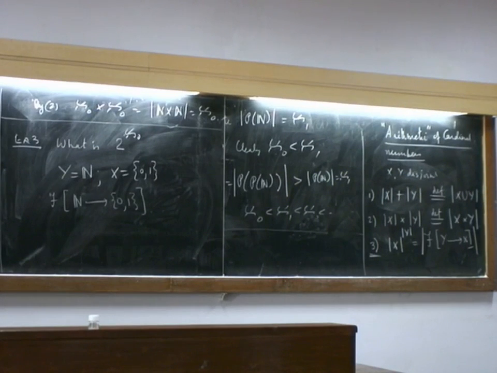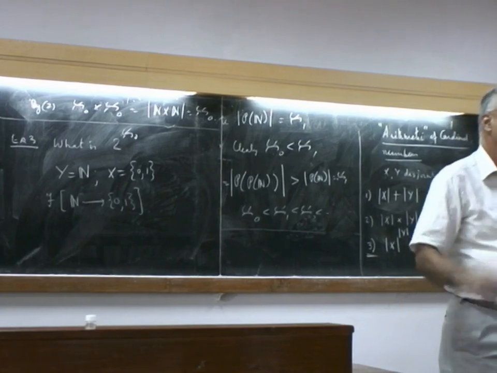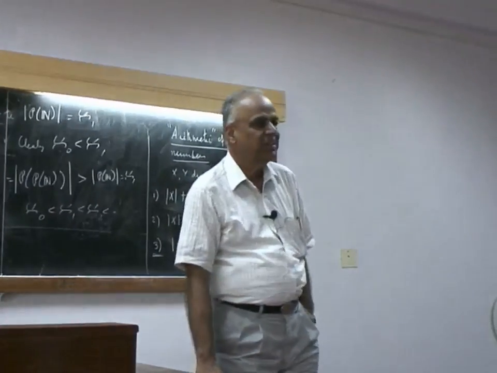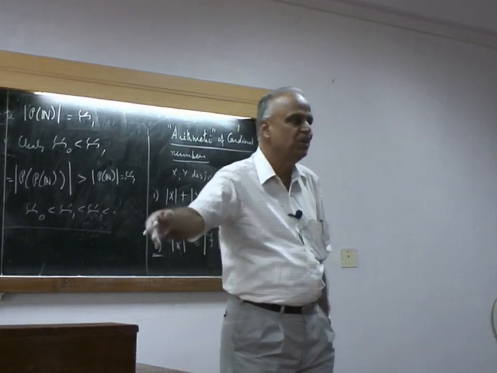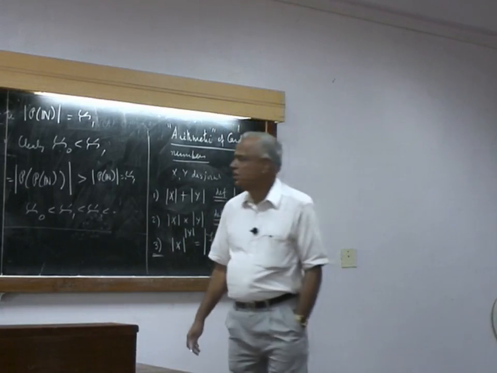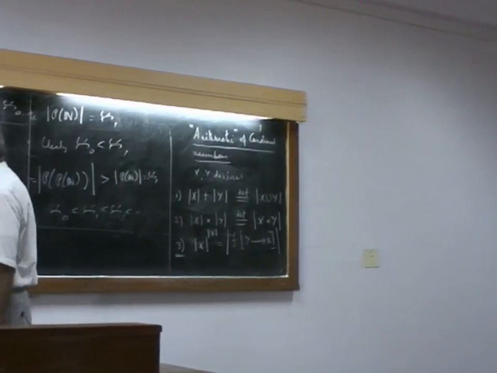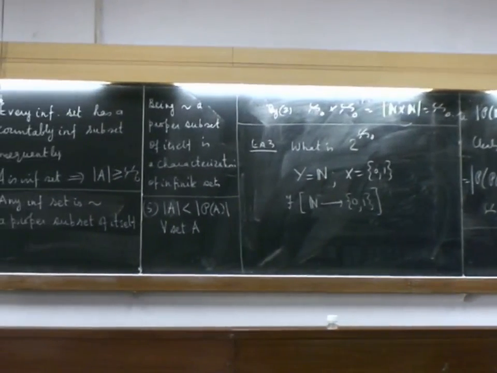What is meant by a function from N to {0, 1}? It's simply a binary string, an infinite sequence of zeros and ones. When you have an infinite sequence of zeros and ones, what does that suggest?